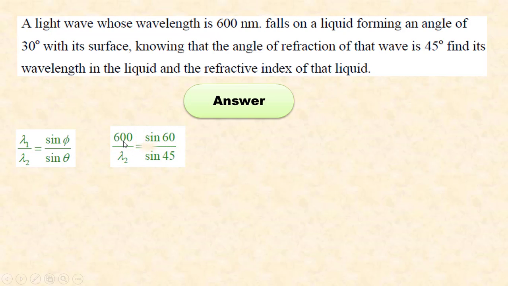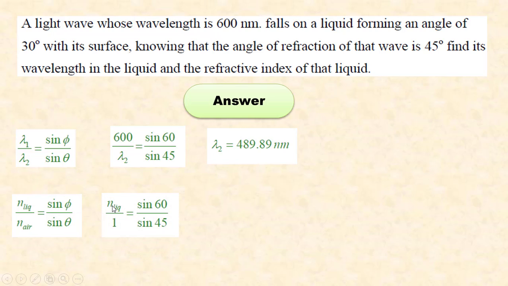So 600 over lambda 2 equals sine 60 over sine 45. Lambda 2 will be 489.89 nanometers. This is number 1. Number 2: n liquid over n air equals sine phi over sine theta. n liquid over 1 equals sine 60 over sine 45. Then the refractive index of the liquid will be 1.22.